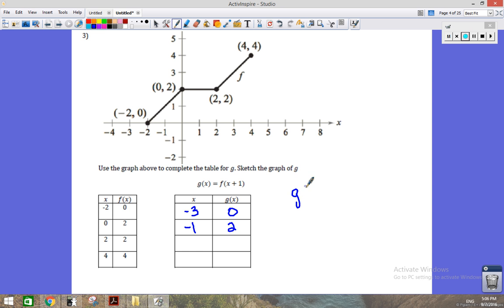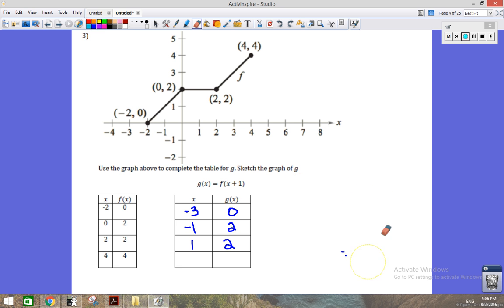If I evaluate g at 1, what would I have? Everywhere I see an x, I replace it with the number 1. So I need to use my table on the left here. f of 1 plus 1 is f of 2, and f evaluated at 2 is 2. So when x is 1, the output of g will be 2. So g is passing through the point 1 comma 2.